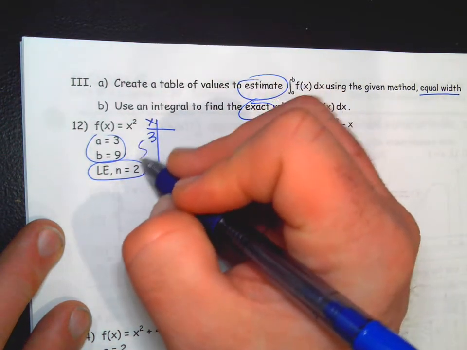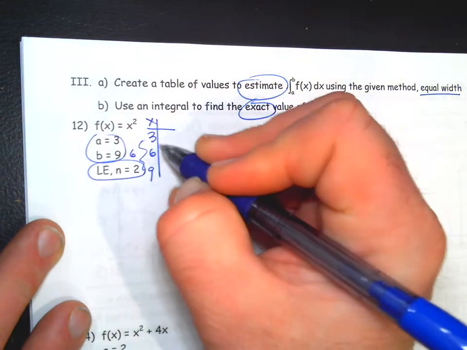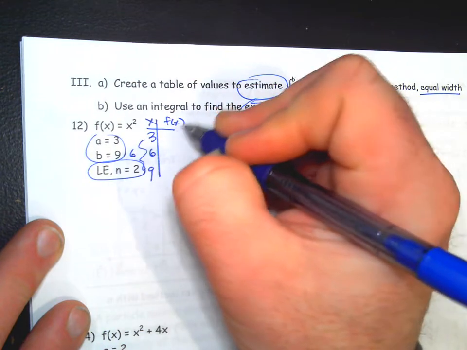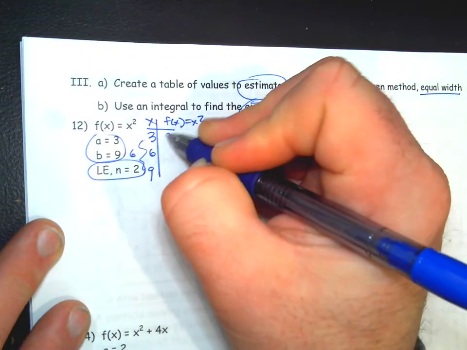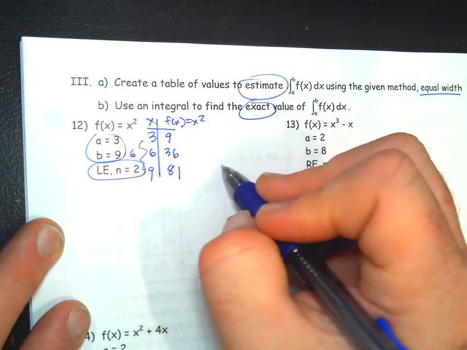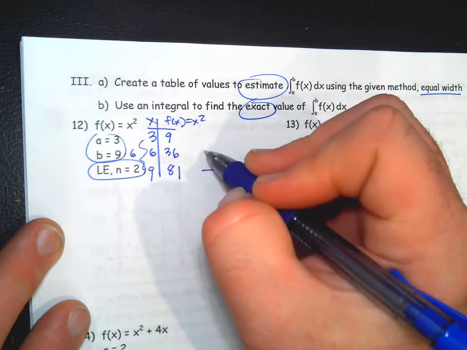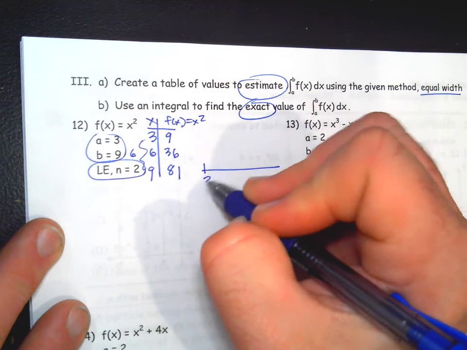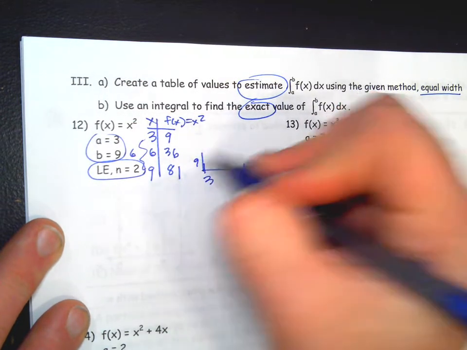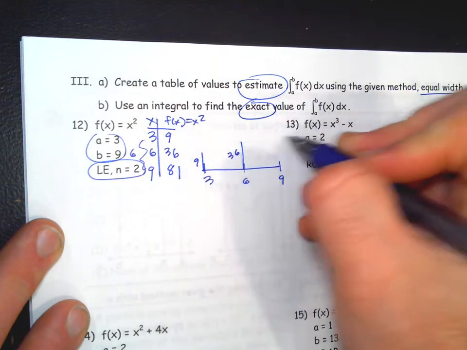So this is 6, so we go here, 6, add 3 or subtract 3. Now we're going to plug these into the original function. So we're going to get 9, 36, 81. And then I would draw a quick picture. So we're doing 3, 6, 9. We have 9, 36, 81.